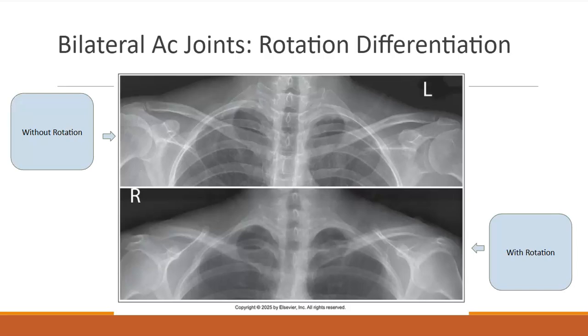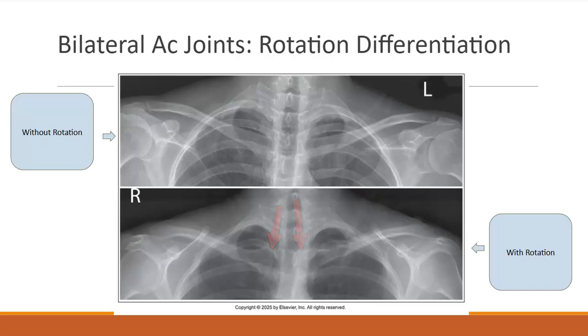Again, I just wanted to review what AC joint rotation looks like. A patient who is rotated may have more open joint space on one side than the other. Also, the joint spaces may be closed. You also want to utilize your medial clavicular ends in a bilateral projection.